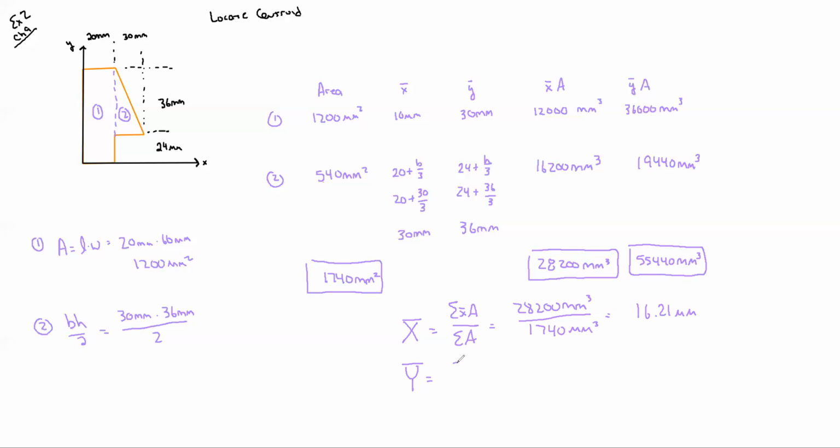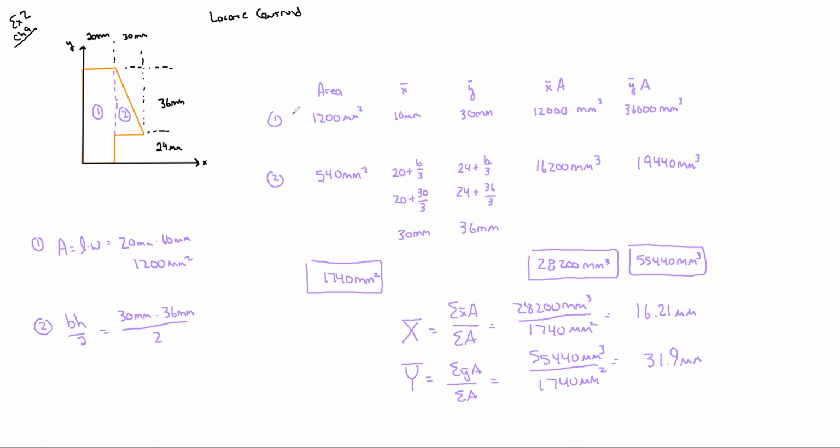Capital Y bar is summation y bar A divided by summation A. So 55,440 cubic millimeters divided by 1,740 square millimeters. So I'm sure someone caught that already. That should have been a square. 31.9 millimeters.